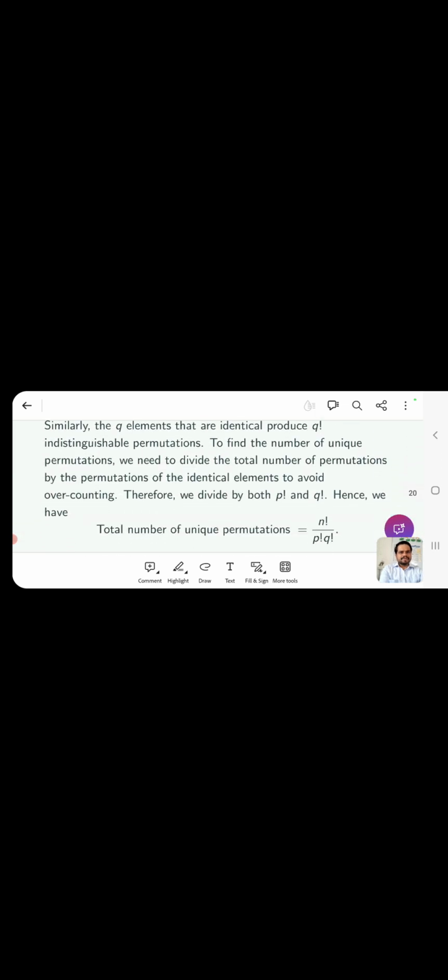Here p elements are identical, q elements are identical, and the remaining n minus p minus q elements are different or distinct.